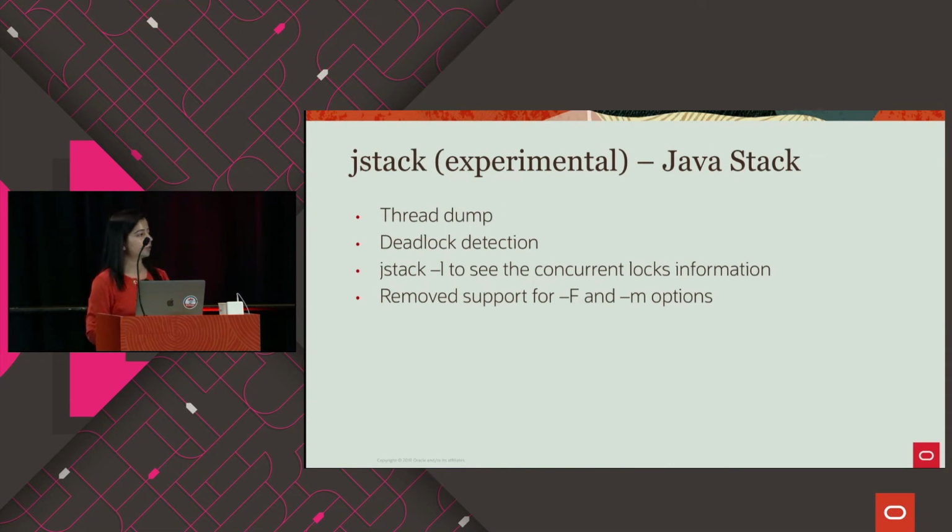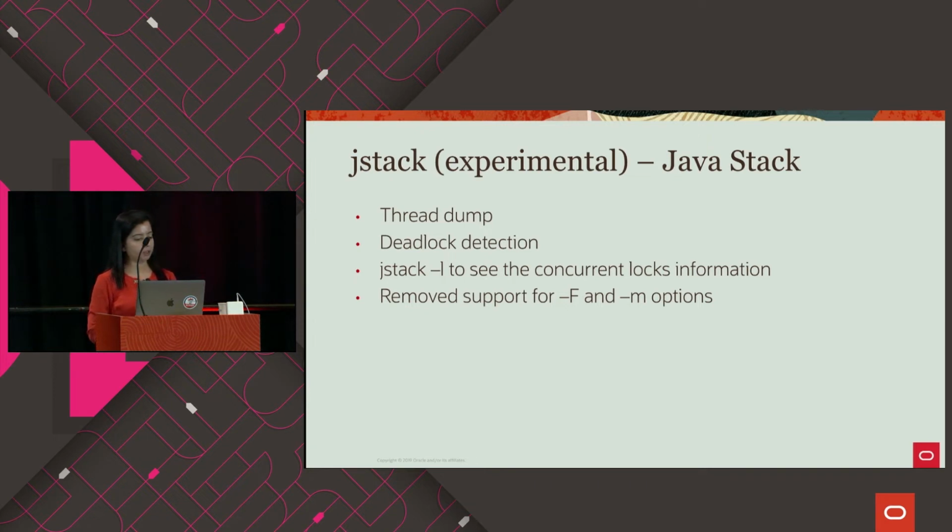JStack is the most commonly used tool to collect Java stack traces. It can print thread dumps, it can create thread dumps, and while it does that, it runs deadlock detection and reports if there is any Java level deadlock among threads running in the application.